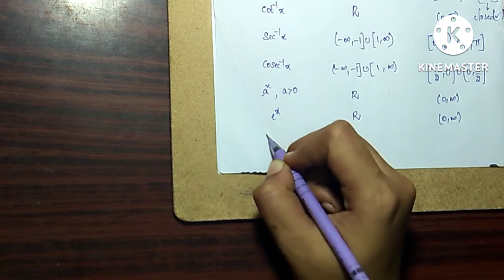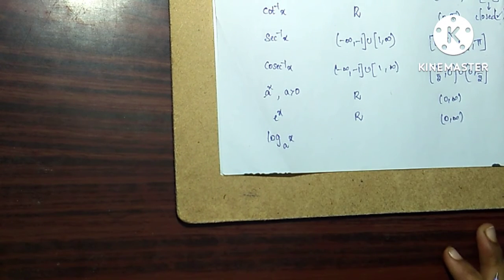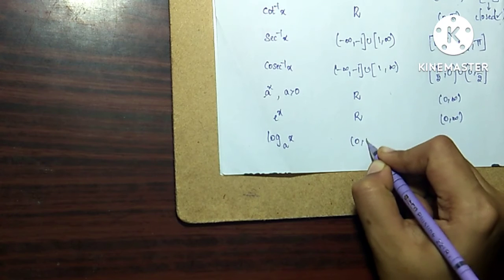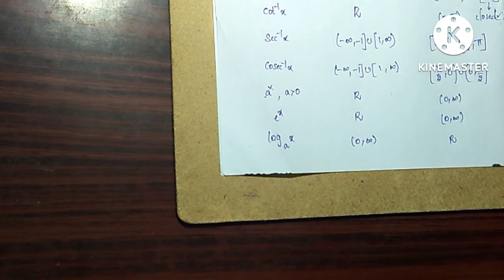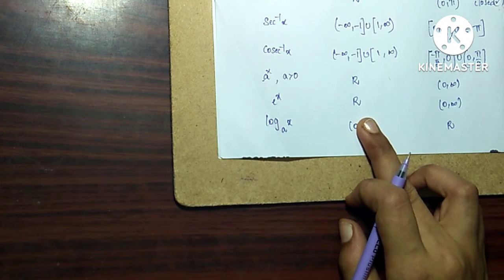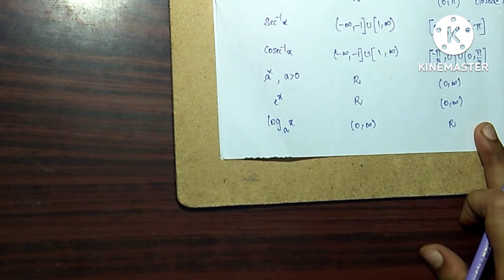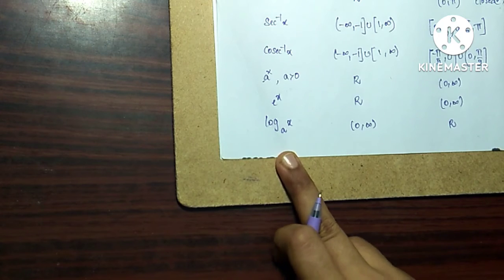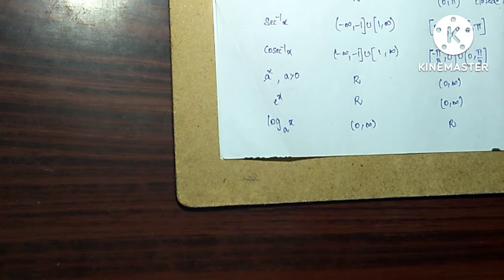For log x base a, the domain is 0 comma infinity and the range is the real numbers. For a power x and e power x the domain and range are as stated, and for log x base a they are interchanged: the range becomes the domain and the domain becomes the range. That's it. Now we will see our next one.